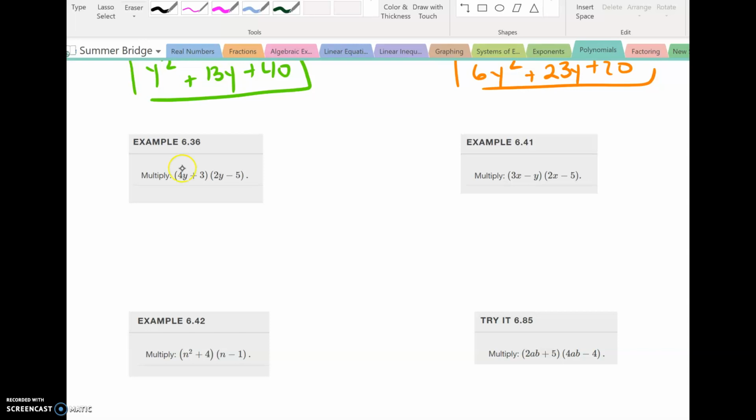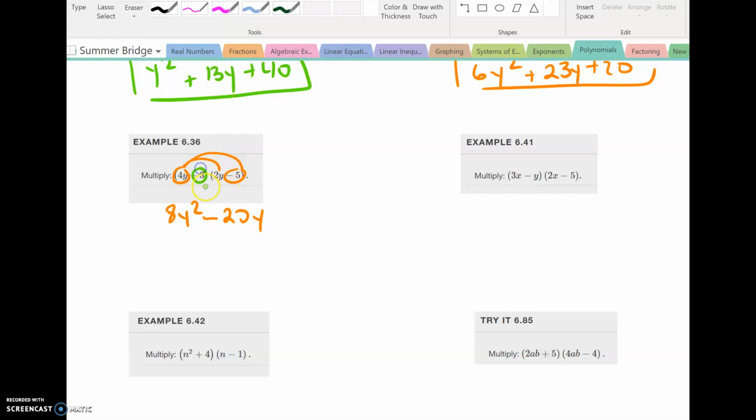Okay, so again, these are just a bunch of multiplication problems. So we do 4y times 2y, 4y times, keep in mind this is a negative 5. Okay, so 4y times 2y is 8y squared. 4y times negative 5 is a negative 20y.